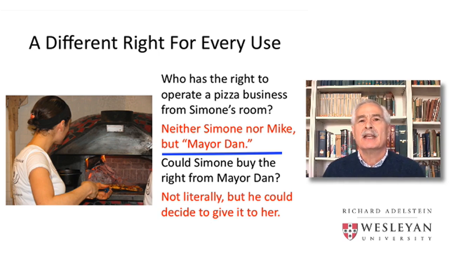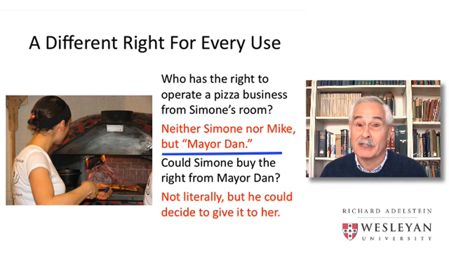It's the Planning and Zoning Commission of Middletown that gets to say whether Simone can operate a pizza business in her room, and we'll personalize the Planning and Zoning Commission by identifying it with the government of the city of Middletown, which, as I speak, has a mayor named Dan.